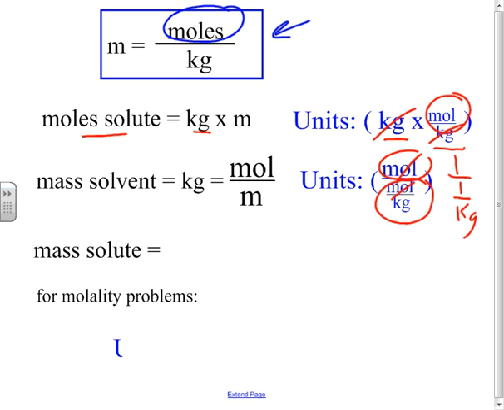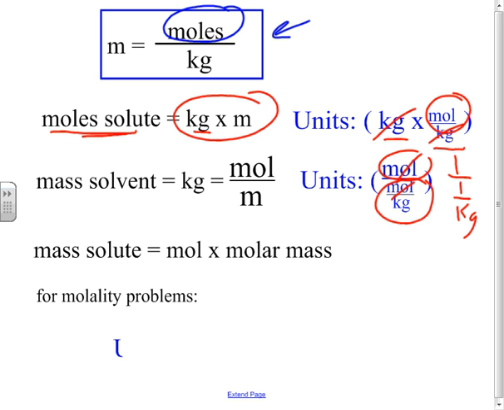And then in terms of calculating the mass of the solute, it is going to equal the number of moles times the molar mass. But again, in molality problems, you're not going to be given the number of moles, but you know moles equals the kilograms times molality. And so substituting that in for moles, we get kilograms times molality times molar mass equals the grams.